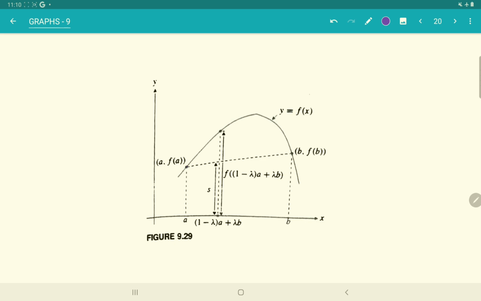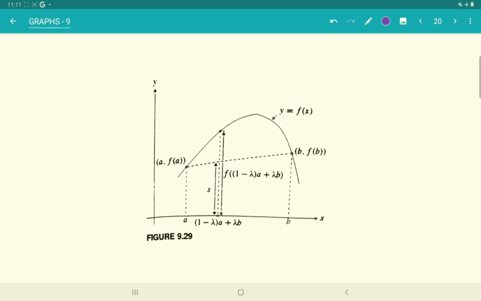And if we are a little bit careful, we know that we can go for the point formula of a straight line, and in this diagram we want to calculate the number s. For that, first we take up the line through a, f of a and b, f of b, and I know that this line has got the equation.